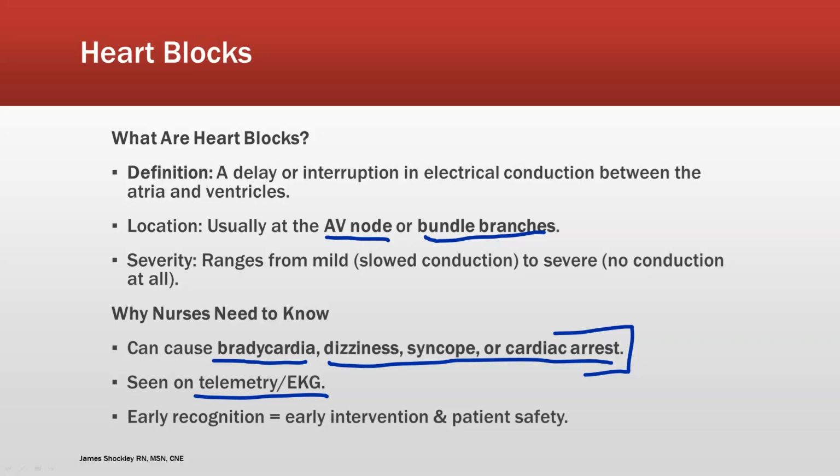But as long as you're using your toolbox and measuring your PRIs, you're going to be able to see quickly how that PRI changes from each presentation of first degree, second degree, or complete heart block. And again, it's my job as the nurse to make sure that I am using my toolbox so that I recognize these heart blocks early into that patient's admission.